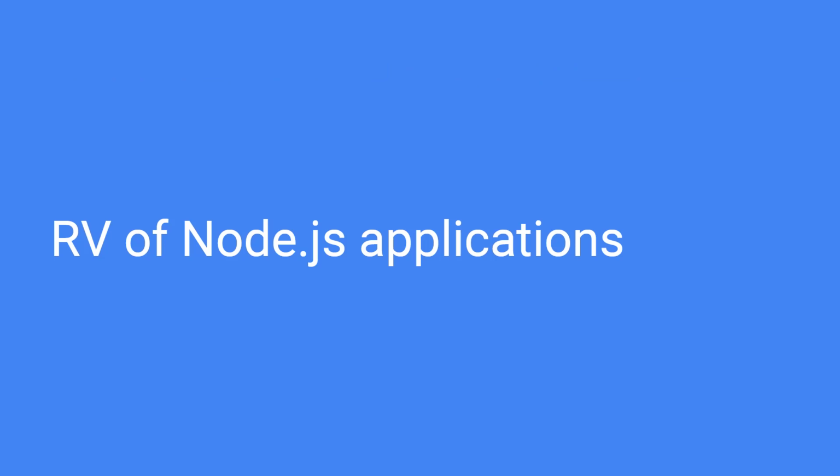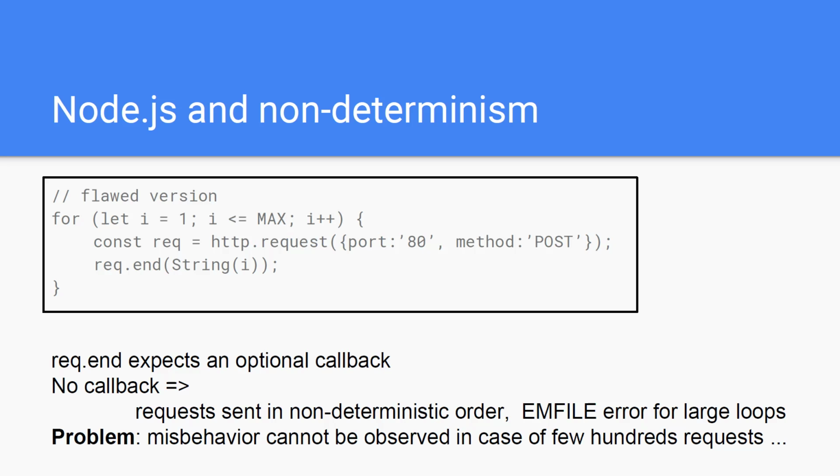Okay, so let's have a look at a very simple example based on runtime verification for Node.js. And we will show how runtime verification can be used to deal with non-determinism.